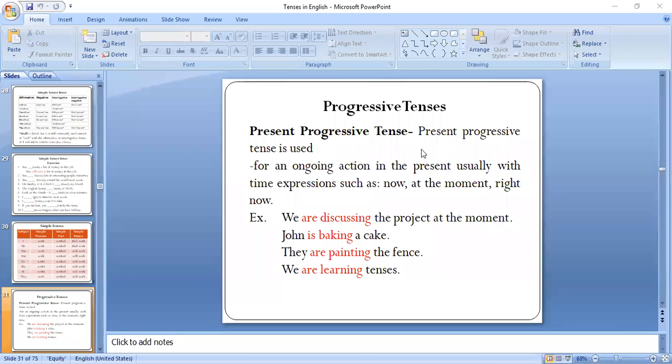Okay, so present progressive tense means the progressive or continuous tense in present form.